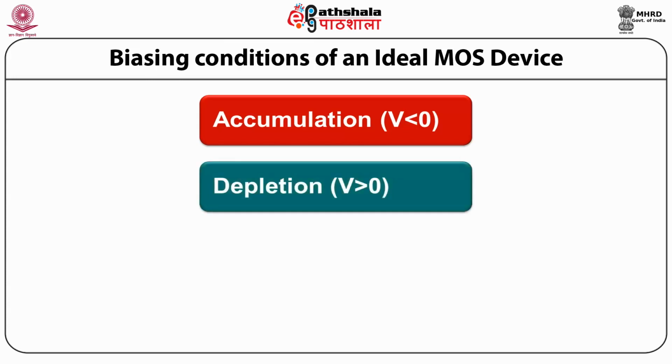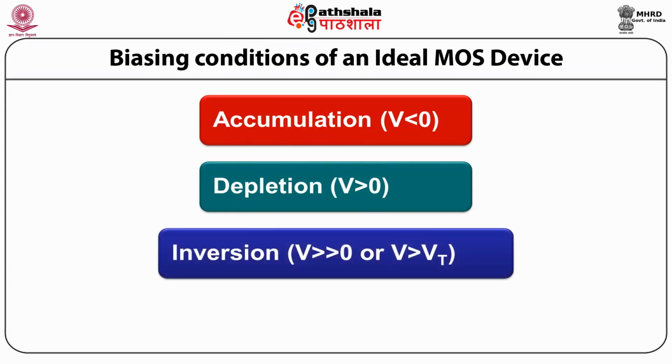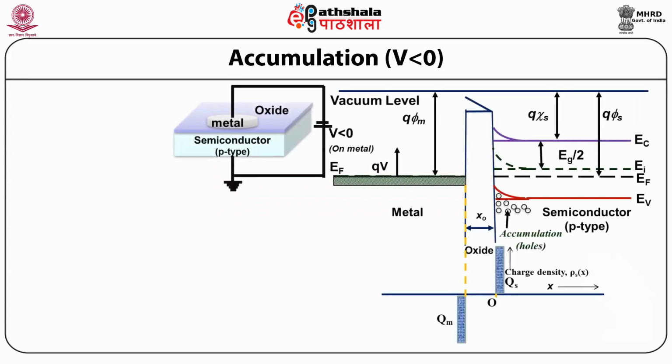Second is depletion, when the applied bias is greater than 0. Lastly, we have inversion, when a very high positive voltage is applied, or the voltage is greater than the threshold voltage. So the first condition is accumulation, when the applied bias is less than 0, that is, a negative bias is applied.